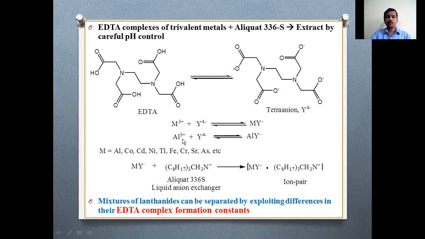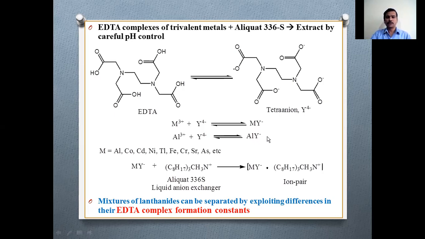Say for example, aluminum: if you react with EDTA at pH 7, because pH 7 is the specific pH for complexing aluminum with EDTA, aluminum can be treated with EDTA. The aluminum EDTA complex is produced, and this is aqueous soluble. Even pH 4.5 can also be maintained for forming the aluminum EDTA complex. So this is negatively charged.